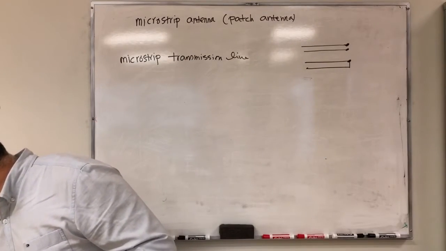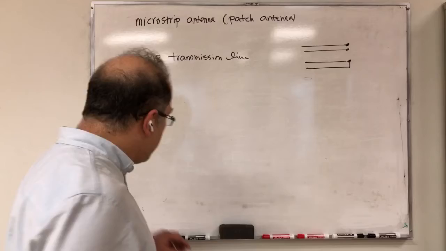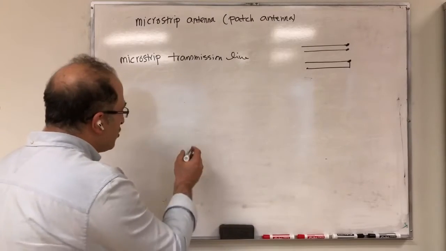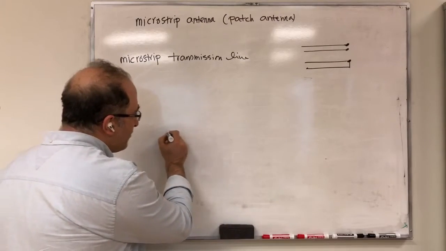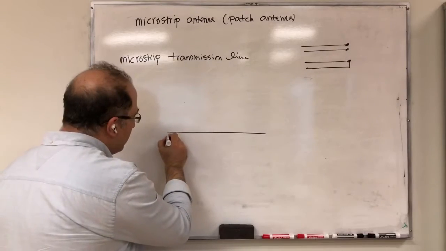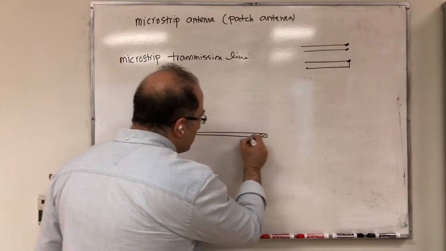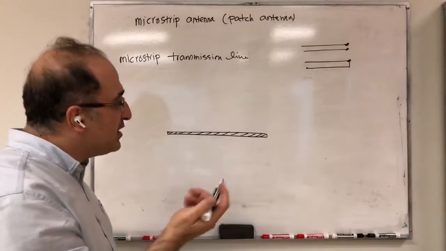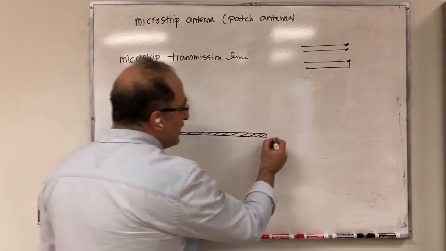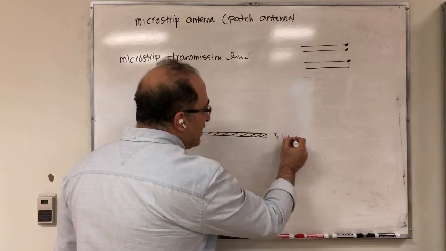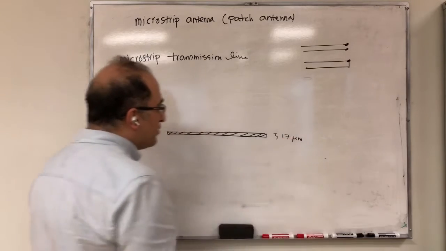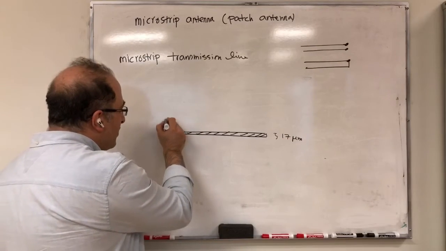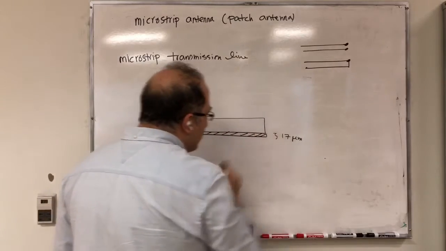So if I want to plot that, I'm looking at something like this, for example. You essentially have one conductor here. That's one conductor, and in terms of thickness, this is very small. For example, let's say this could be maybe 17 micrometer. And then you have a dielectric material.